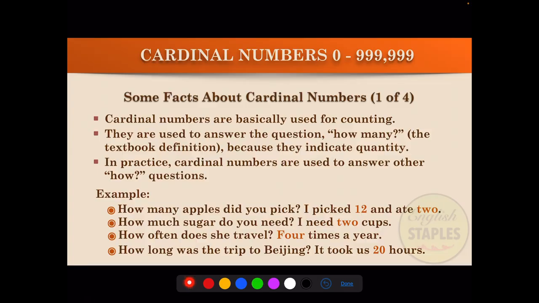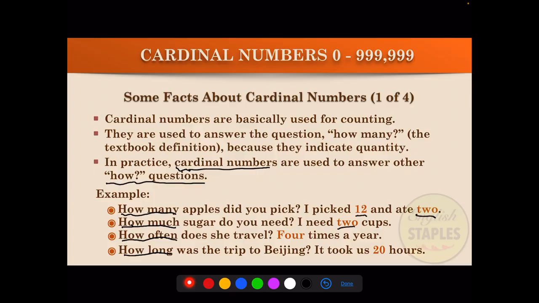If you notice here, it says cardinal numbers are used to answer other how questions. So you can see here we have how many, how much, how often, how long. So these are all how questions. The responses show numbers.